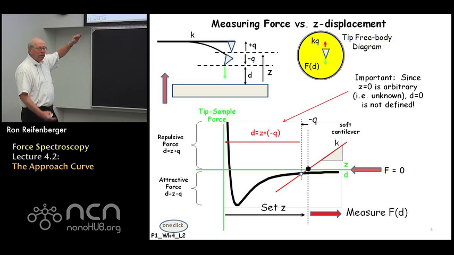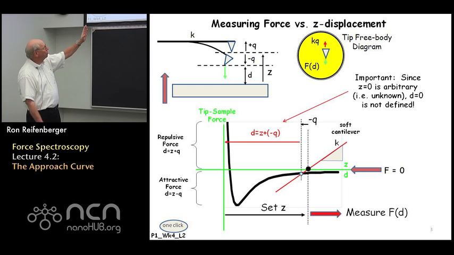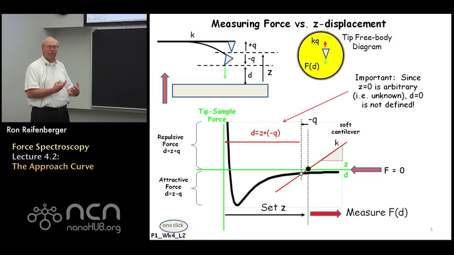According to the black line, those forces for the particular value of z that we have set are attractive. That's going to pull the cantilever toward the substrate by an amount q, and the amount q that results is going to depend on the magnitude of the tip-sample interaction force and the spring constant k of the cantilever that the tip is attached to.